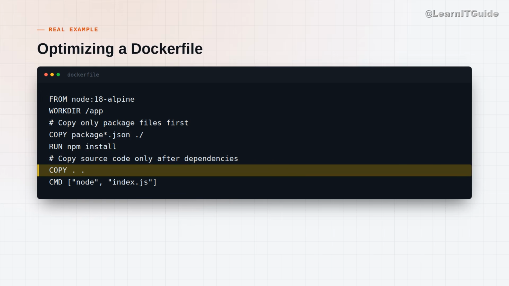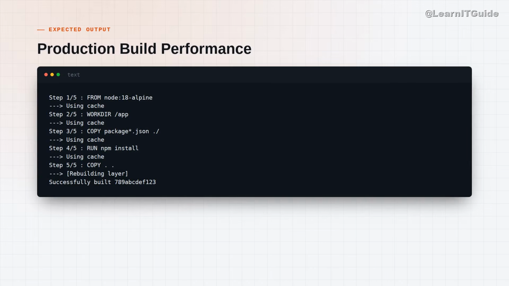This is the golden rule of Docker caching. Always put the steps that change the least, like dependency installs, at the top, and the steps that change the most, like source code, at the bottom. In this production example, changing one line of code only triggers a rebuild of the final copy step. The heavy lifting of downloading hundreds of npm packages is cached. This is how you save minutes of build time.